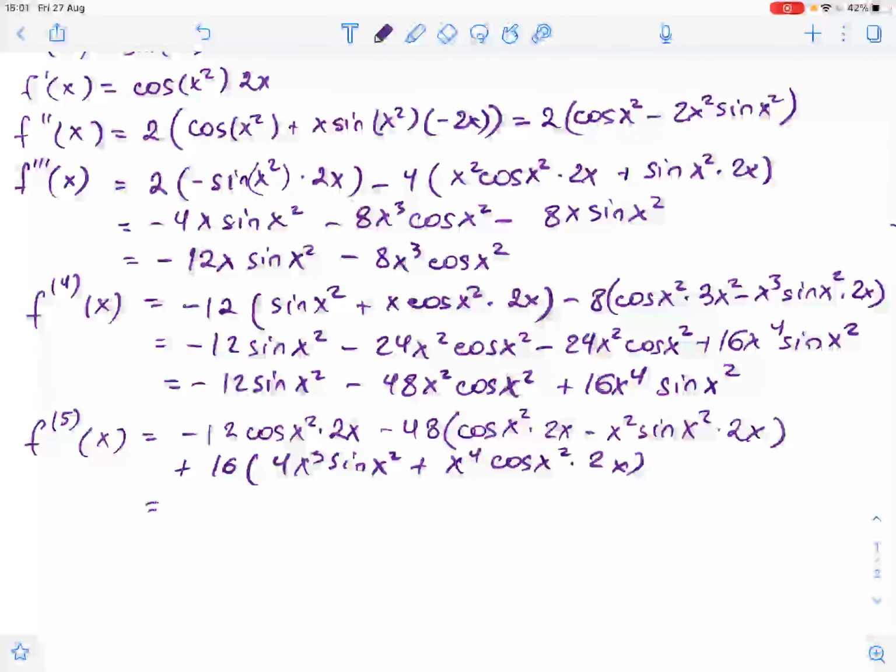Let's simplify. This equals negative 120x times cosine of x squared plus 160x cubed times sine of x squared plus 32x to the fifth power times cosine of x squared.